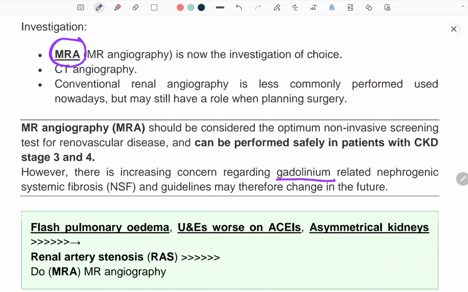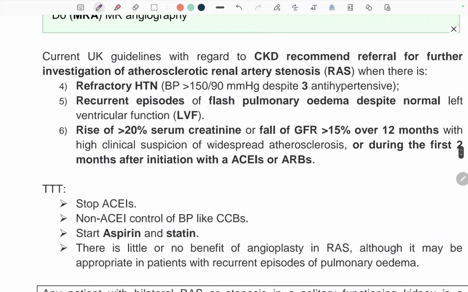Flash pulmonary edema, worsening renal function on ACE inhibitors, asymmetrical kidneys: renal artery stenosis, do MR angiography.